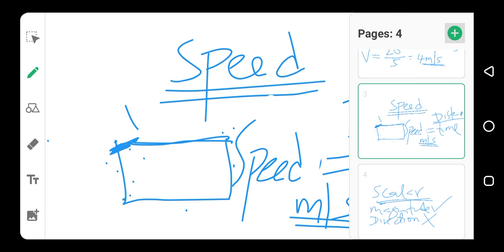Now let's look at an example of how we use speed. A man covers 25 meter in a journey. Calculate his speed if he covers the distance in 5 seconds. Now the distance covered is equal to 25.